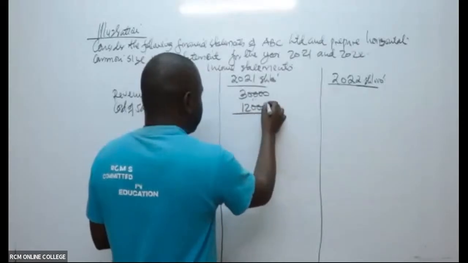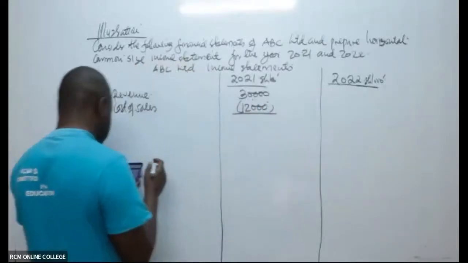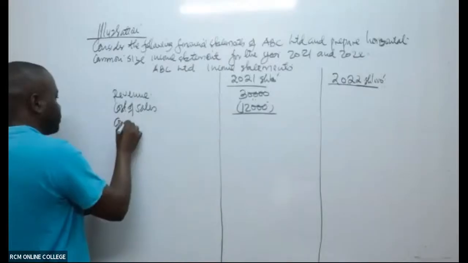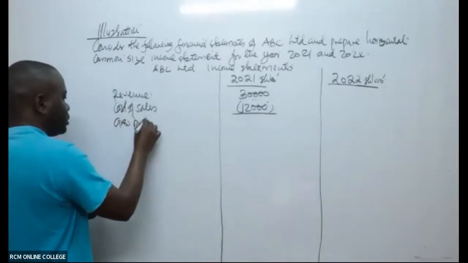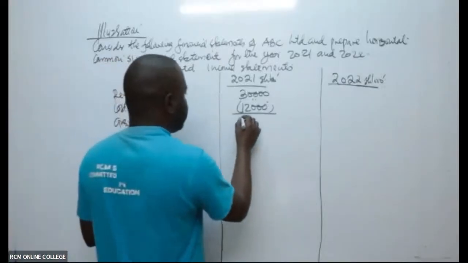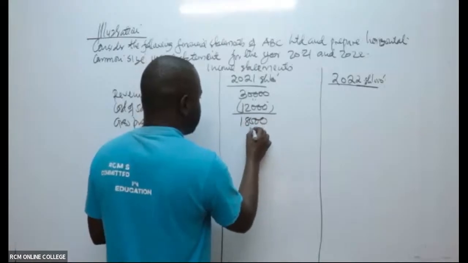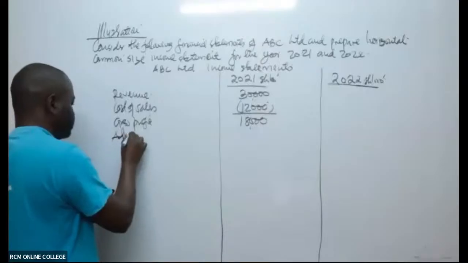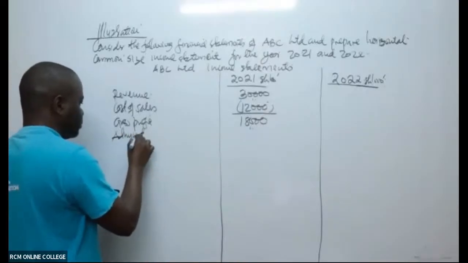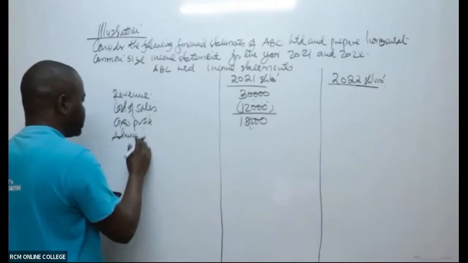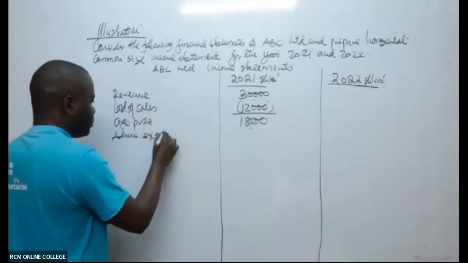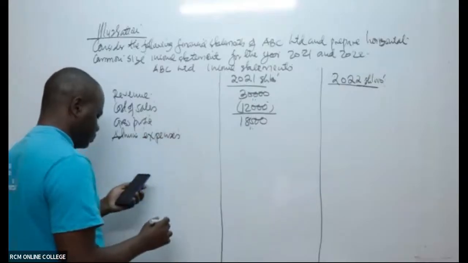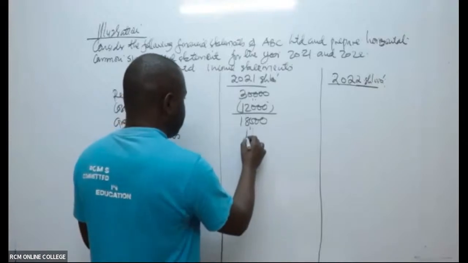So that gives you gross profit of 18 million. Administration expenses, 1.5 million.